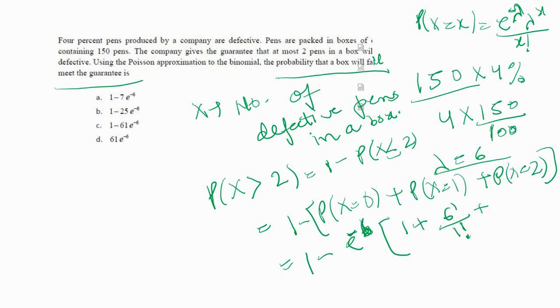Then when x is equal to 2, it will be 6 square by 2. So now this will be 1 plus 6, and then 36 by 2, which will be 18. So 18 plus 6 will be 24, and then 1 will be 25. So it will be 1 minus 25 e to the power minus 6. So this will be this.